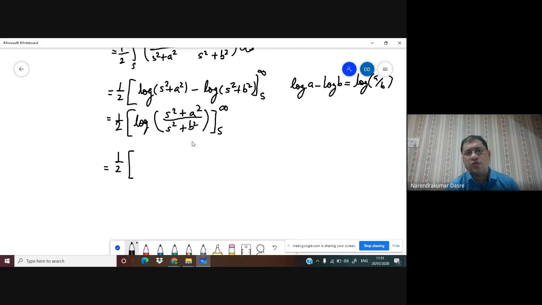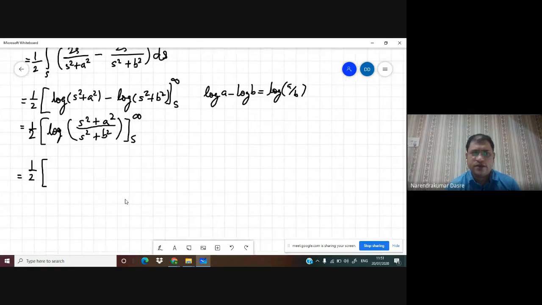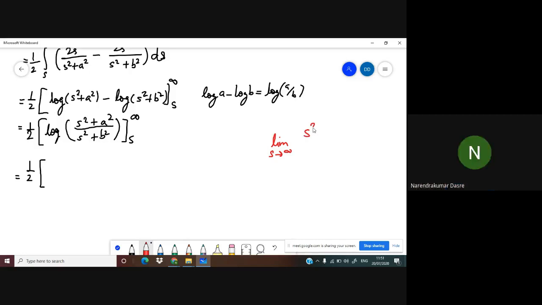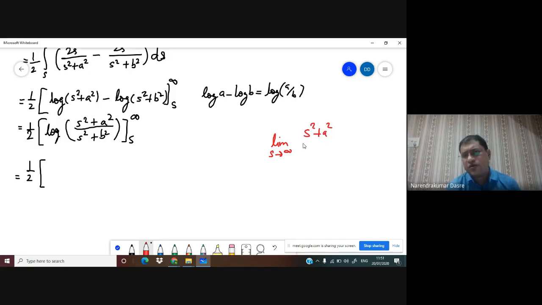Okay, the question is, what happens if I take s is equal to infinity? So see here what you'll have if I take this as infinity. What you have to solve is limit s tends to infinity of s square plus a square upon s square plus b square.